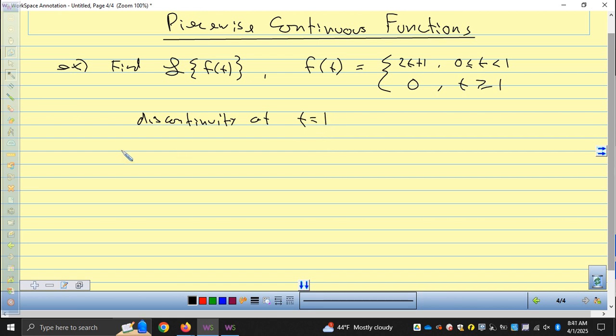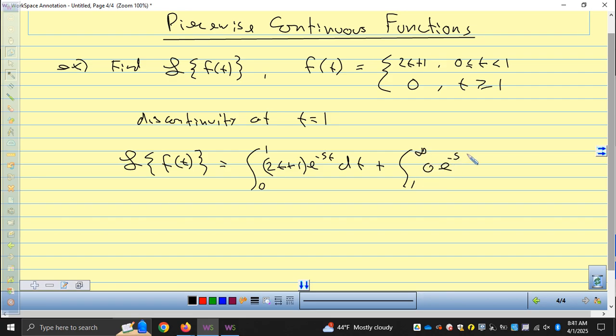So we're going to say the Laplace transform of f of t is going to be, by the definition, the integral from 0 to 1 of 2t plus 1 e to the minus st dt plus the integral from 1 to infinity of 0 e to the minus st dt.